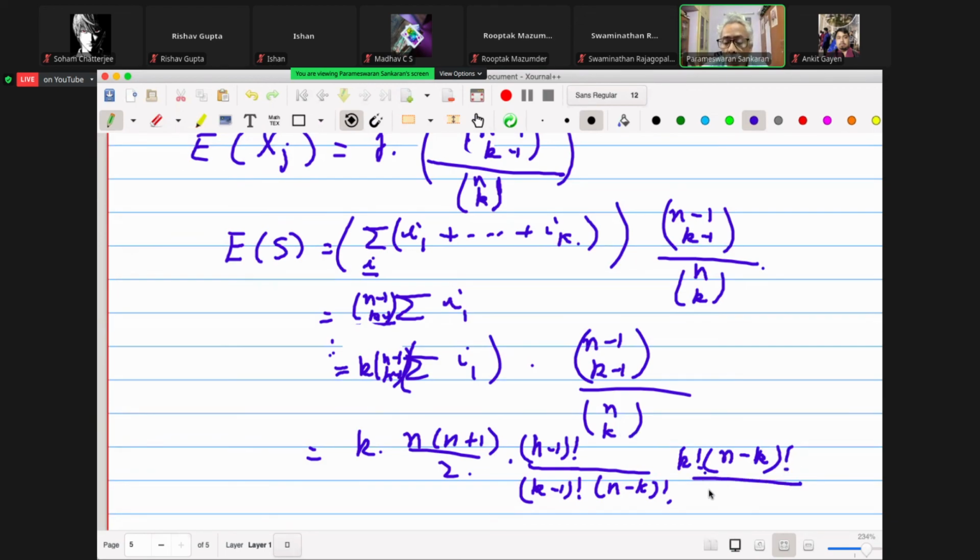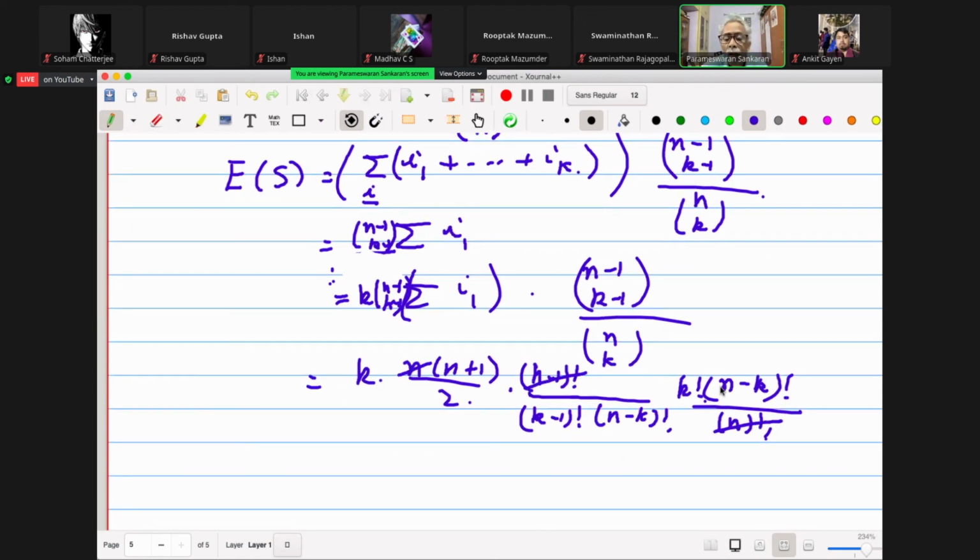Now I'm writing this one, n factorial in the denominator. And you can simplify this a little. So this n factor, n minus 1 factorial cancels with this one. And this n minus k factorial cancels with this one. So I seem to be getting k square, but I'm not sure.